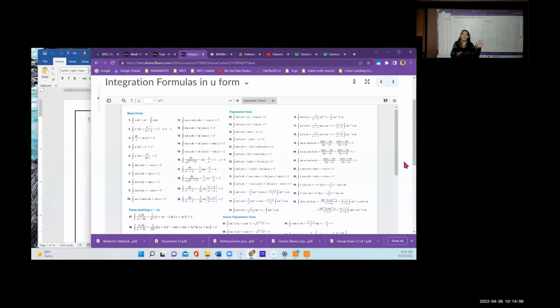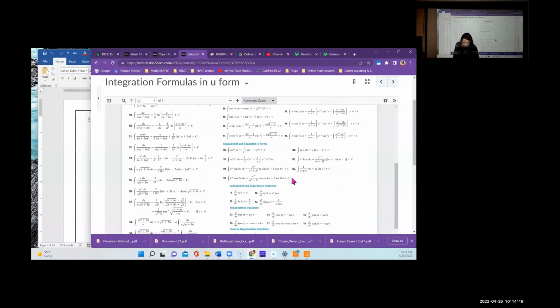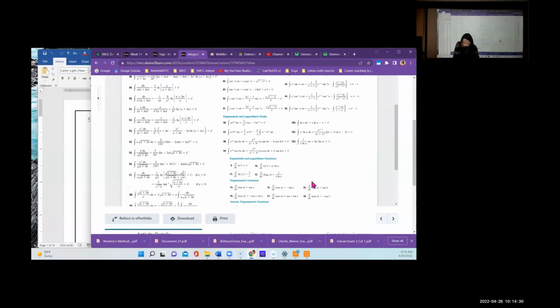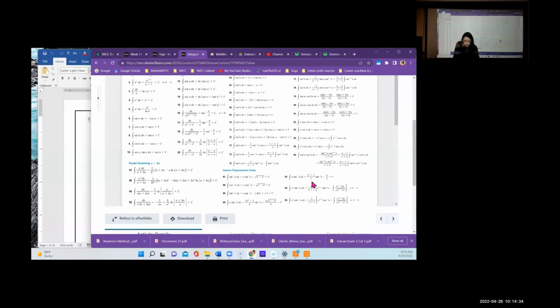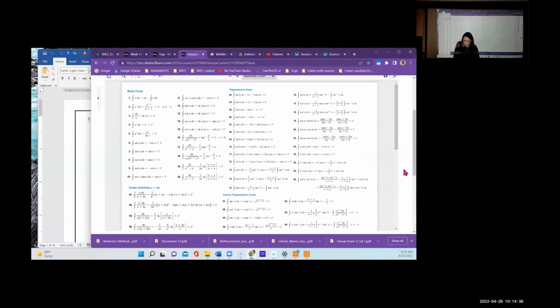You want the one with the chain rule built into it. And that's what this one is. Now you can tell that there are, I think, about 150 different problems. So there are a lot of different integrals that are on this page.